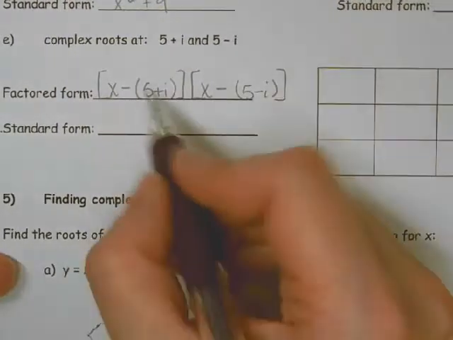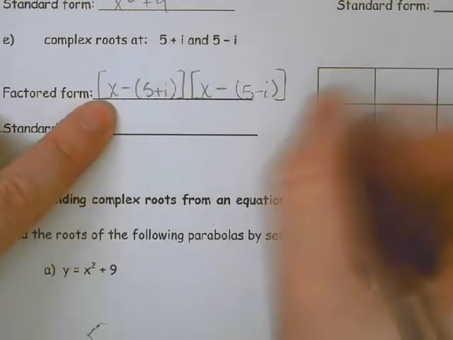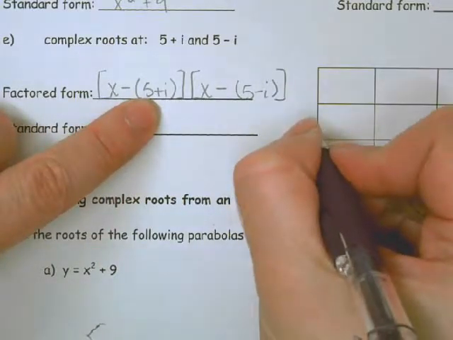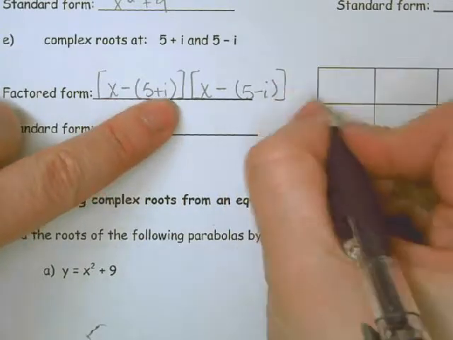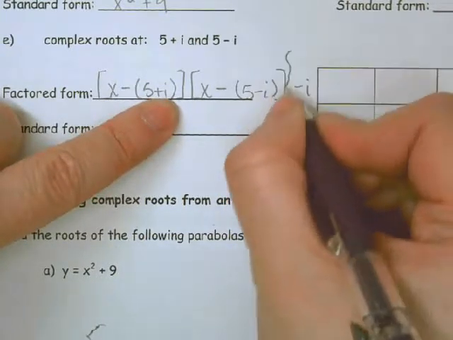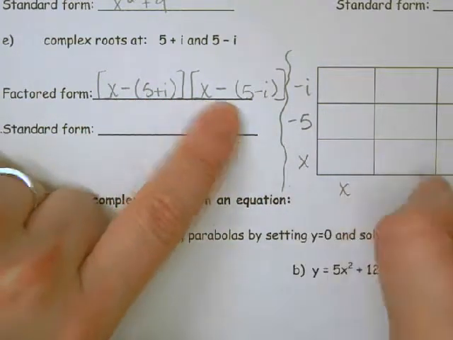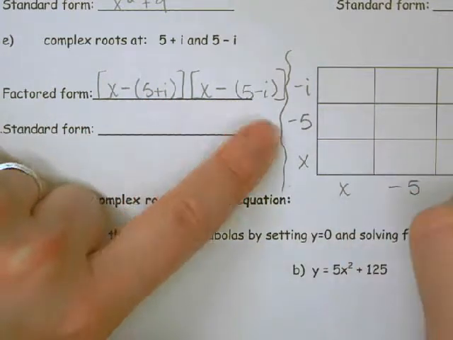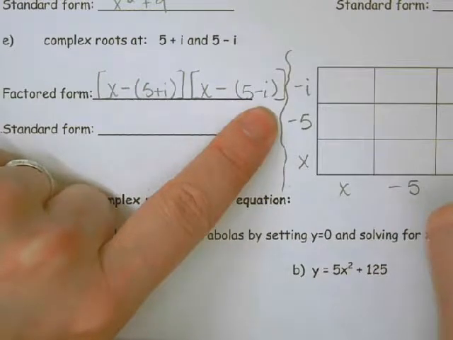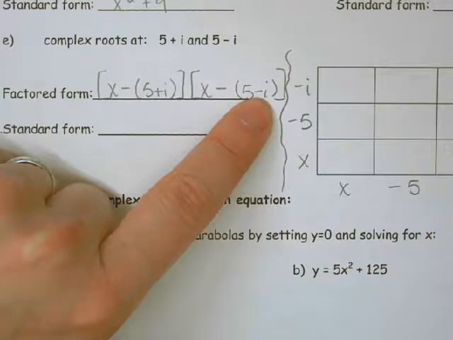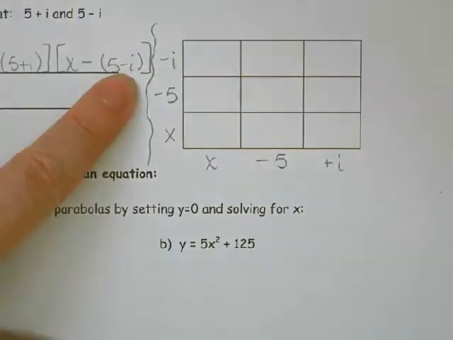So the first one, I'm going to have the x. That negative is going to distribute here, so I'm going to have minus 5 and minus i. I'm going to do a little squiggly there. For this one, it's going to be x minus 5 and then plus i, because of negative being distributed to a negative. Oh, you can't see that over here, sorry.